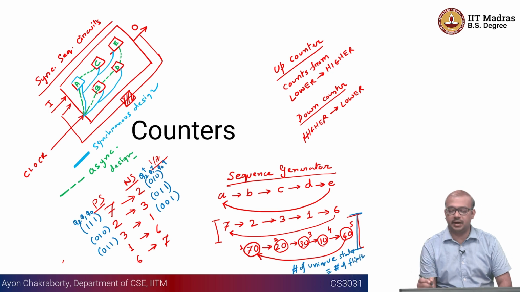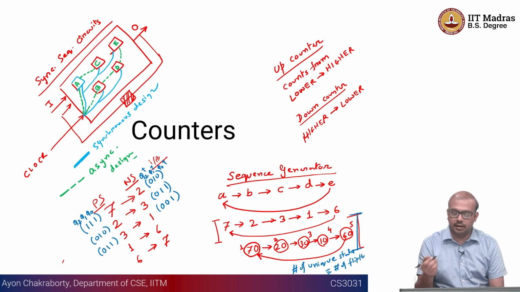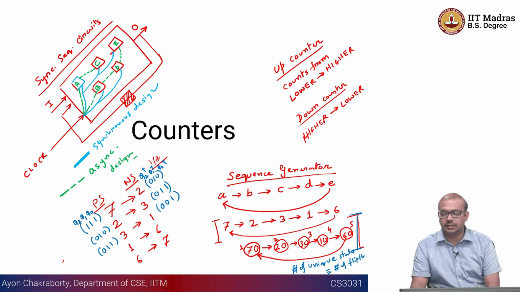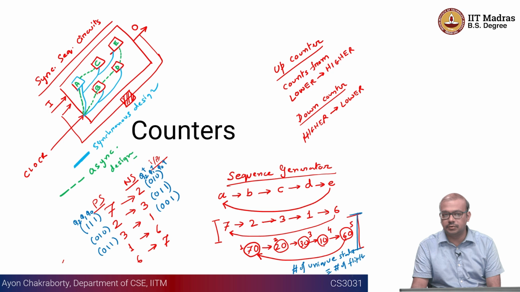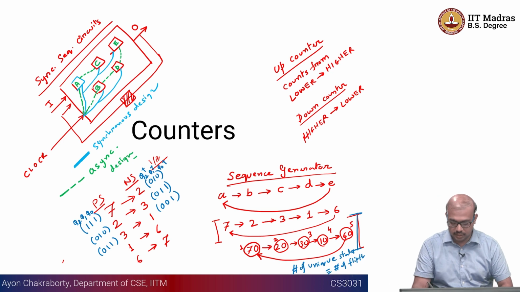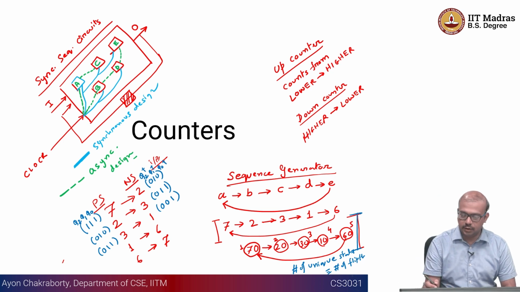Okay, so log of that. So if you have, let's say, 4 states, if we don't have that 60, right, 70 20 30 10 and then back to 70, then there are 4 unique states, right? So in that case, you are just going to solve the problem using 2 flip-flops. It's a 2-bit counter. Okay, you have 5 here, so it requires 3 flip-flops. Okay, so keep this in your mind.